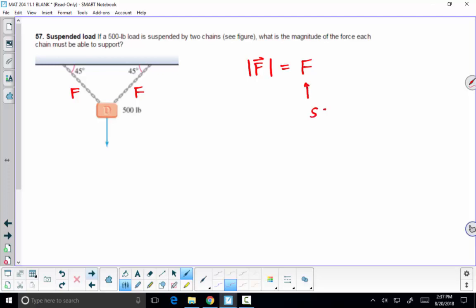On this side, we're thinking of this as a scalar. And the F in here, of course, is a vector because it's got the vector symbol over it. So we're saying the length of vector F is scalar F. Notationally, it's just nice and simple. It's very convenient. If you're trying to find the length of V, you can just call that scalar V. So it's an easy notational thing.